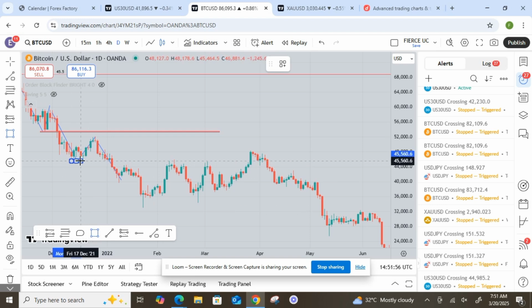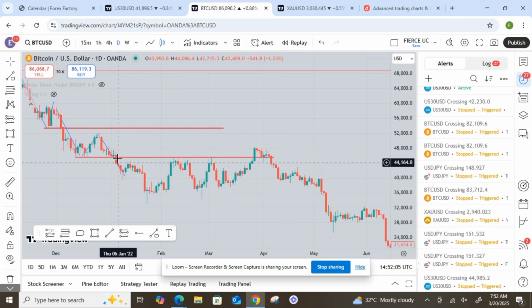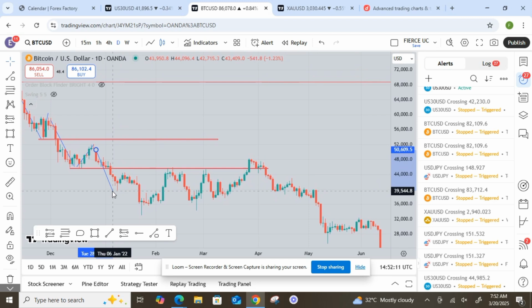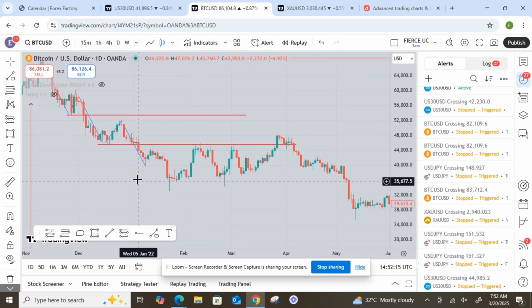Are you getting this thing? Now look, it broke this one. It has broken it, right? So I'm waiting for it to touch this my resistance level. Right?